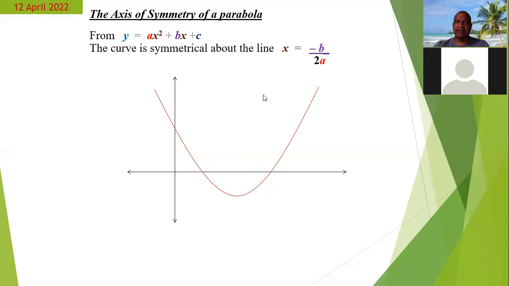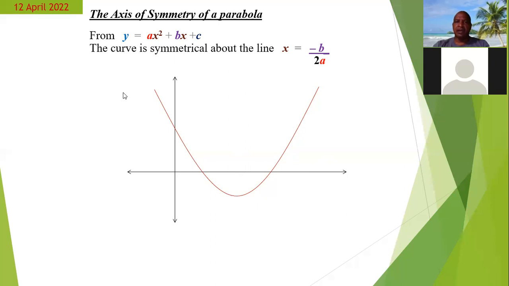Just like when you have a heart and you draw a line down through the center and fold it, the left side and the right side should fold perfectly together. All right. So the axis of symmetry for the parabola is that line that passes right through the center where it is folded.